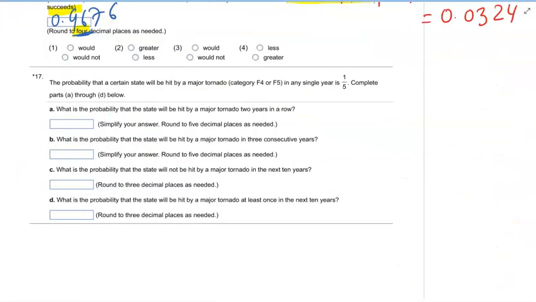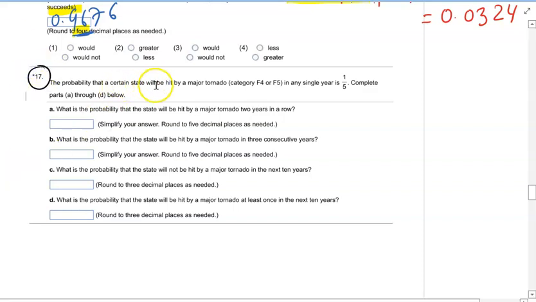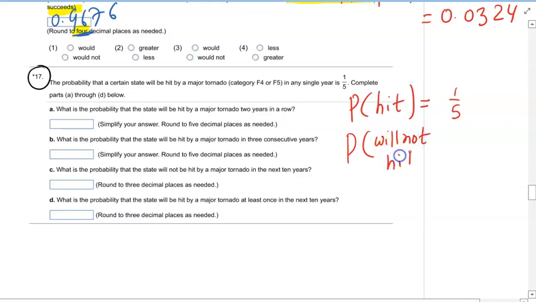Question number 7. The probability that a certain state will be hit by a tornado in any single year is 1/5. Here 1/5 is the probability of being hit by the tornado in any single year. What's the probability of not being hit in any single year?